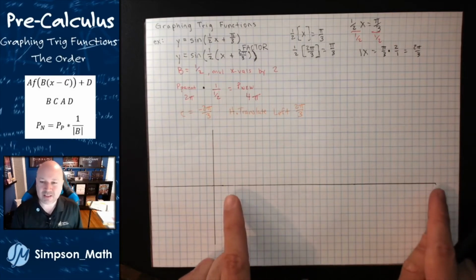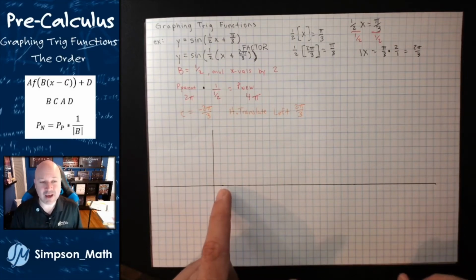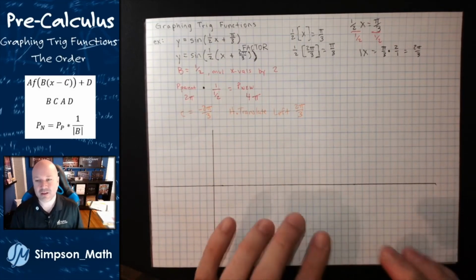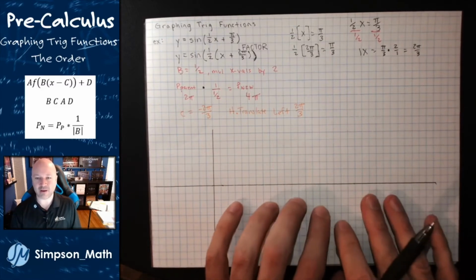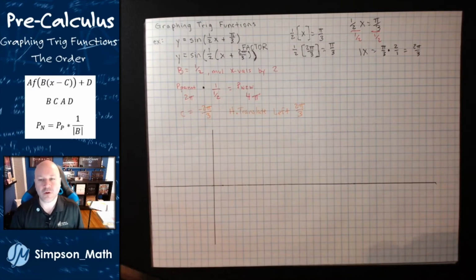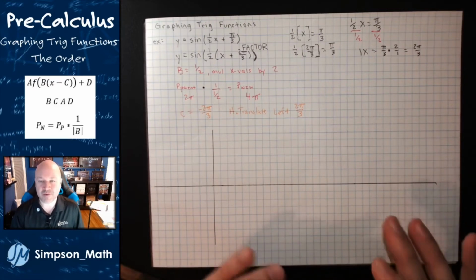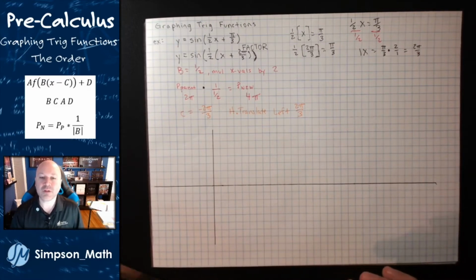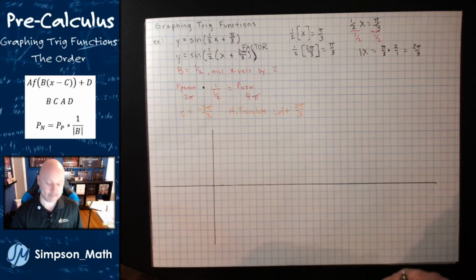Now, if I let every square be 1 pi 12th, this is like 2 pi right here. You need 24 squares to get to 2 pi. So I'm not going to have enough room on this one sheet of graph paper. So I'm going to let every square be 1 pi 6, or 2 pi 12ths.